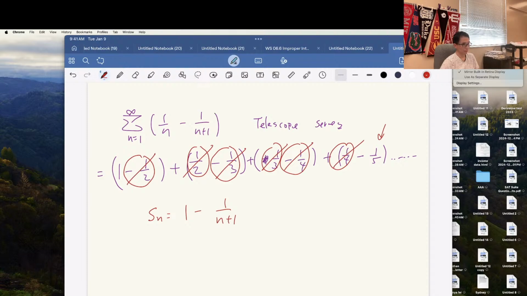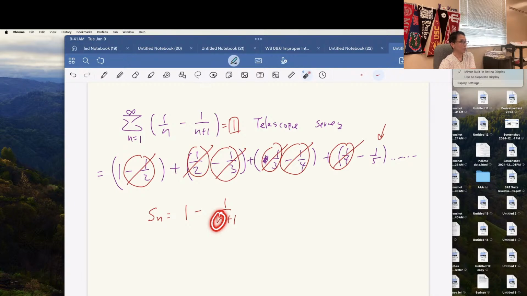What happens when n approaches infinity? The summation eventually equals 1, because all the terms in the middle slowly cancel out the terms before them. It cancels each term until you're left with 1 minus 1 over n plus 1, but n goes to infinity, so that last term becomes very, very small.